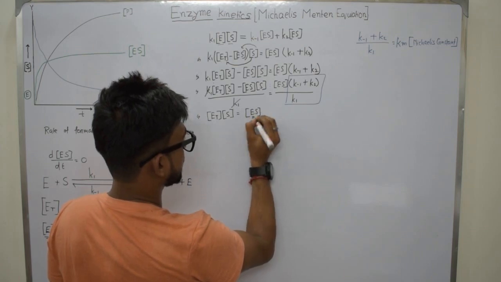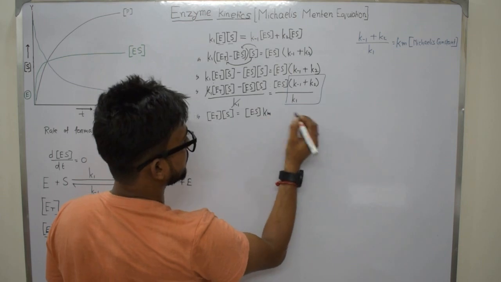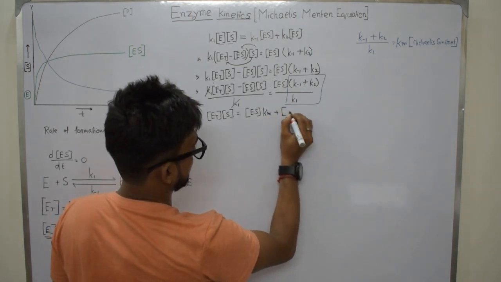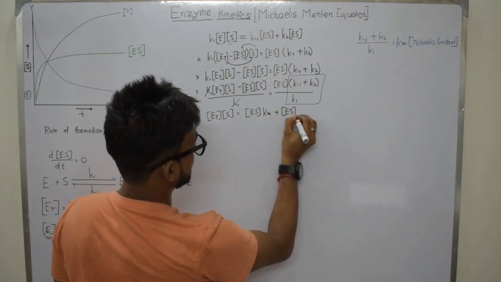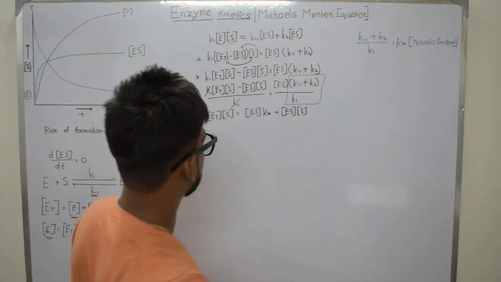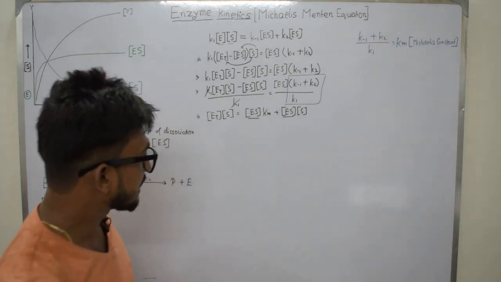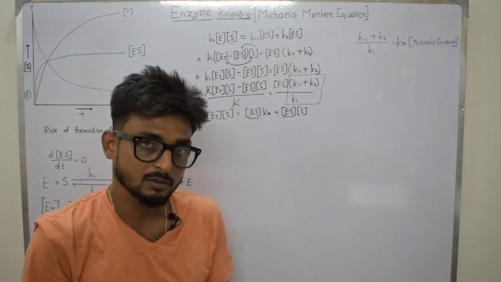enzyme substrate complex into Km plus the enzyme substrate complex and the concentration of the substrate. Now here we can take these two enzyme substrate complex as a common.